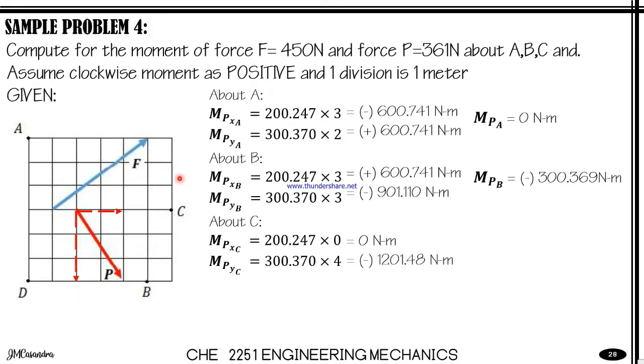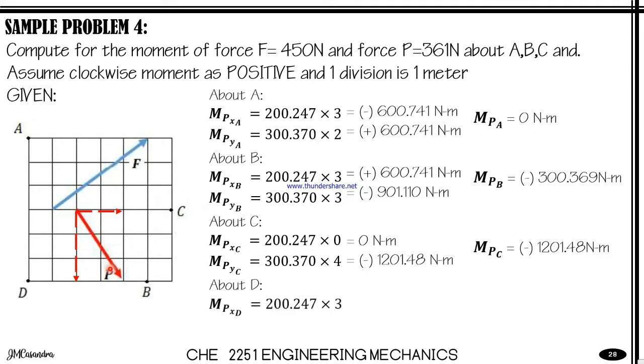So it's a negative 1201.48 Newton meter. Adding this up, we'll have moment at point C caused by force P is equal to negative 1201.48 Newton meter.